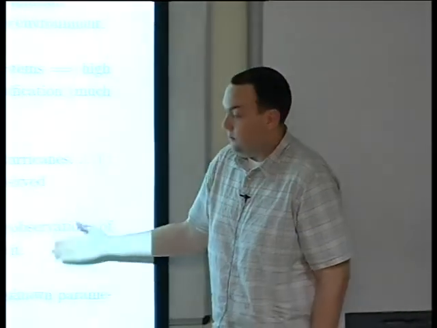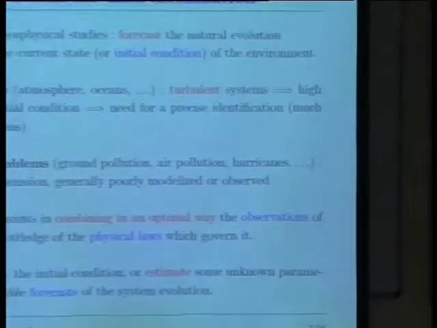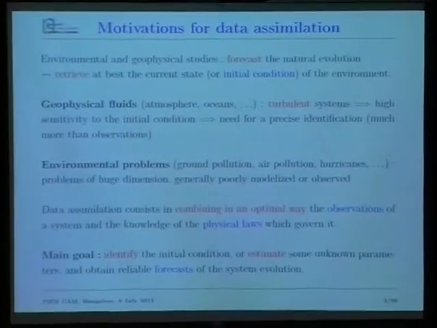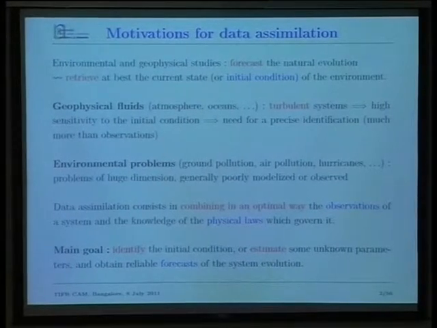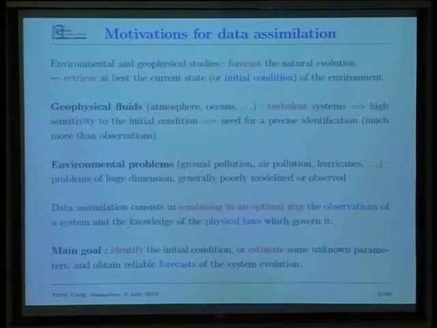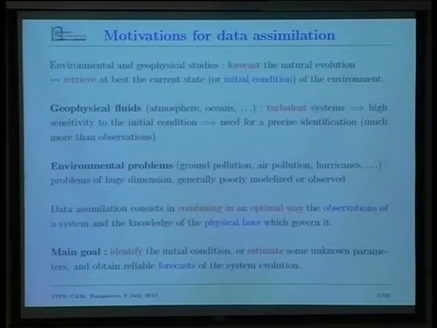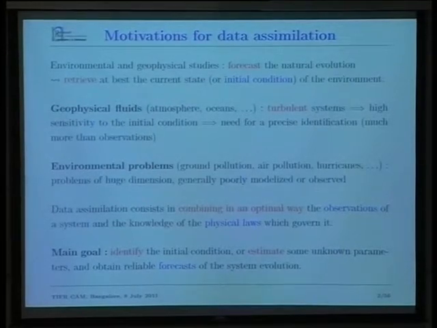The main problem is that the fluids are very turbulent, sometimes chaotic, and then it's very difficult to identify precisely the initial condition or the state of the system at a given time. And so the idea is to use data assimilation to combine all the information that we have to try to find the best possible estimation in order to have the best possible forecast.